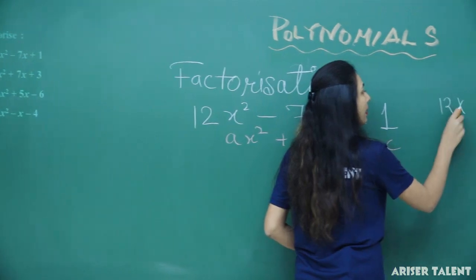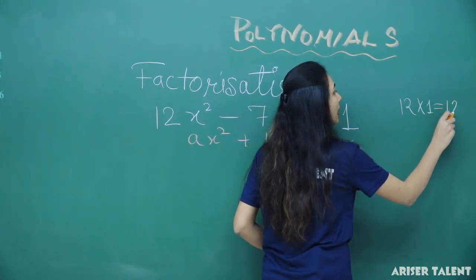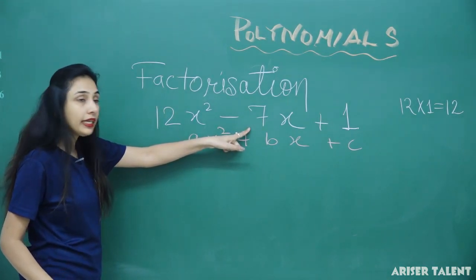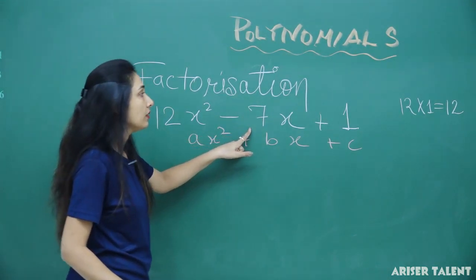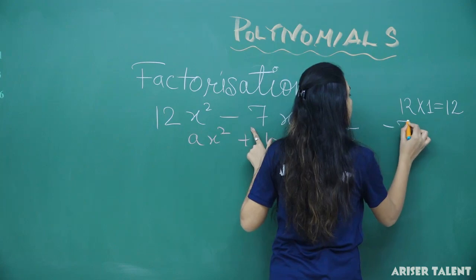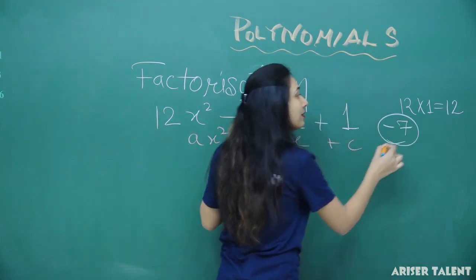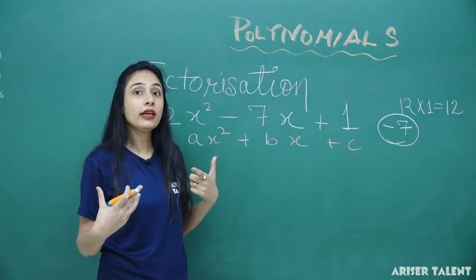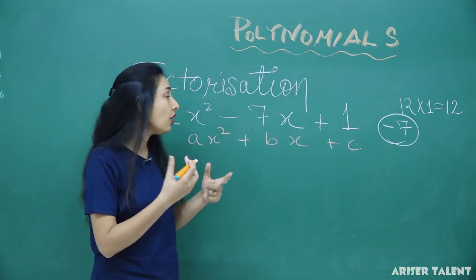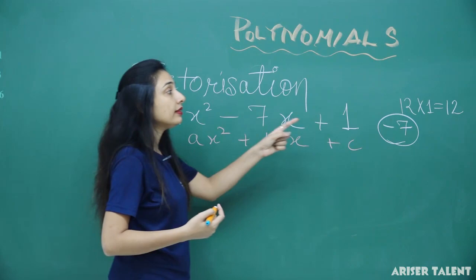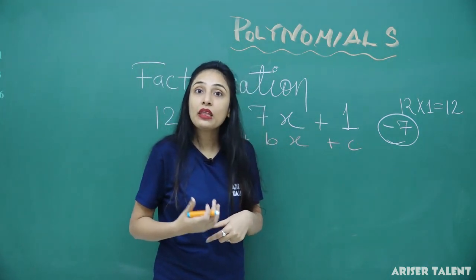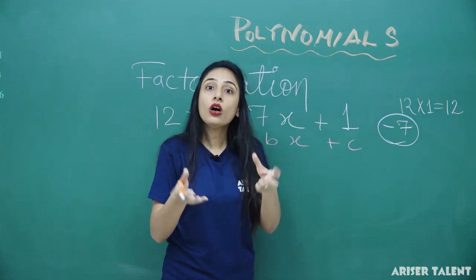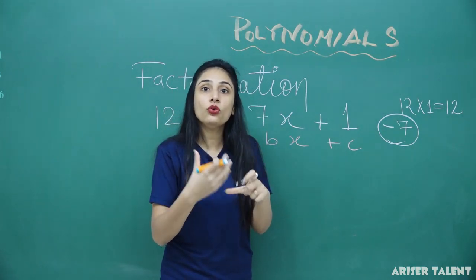12 multiplied by 1 is what? 12. Now you have b as −7. Now you have to factorize 12. You have to take the product of a and c and find factors of it that, when added or subtracted, will give you b.